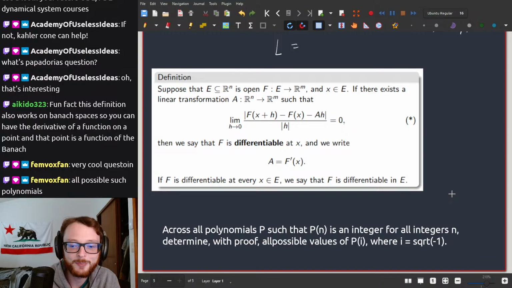Across all polynomials such that p of n is an integer for all integers n. Do we need to figure out what polynomials that is? Because certainly a linear function. Well, I guess that just means integer coefficients are guaranteed to have this property, right?